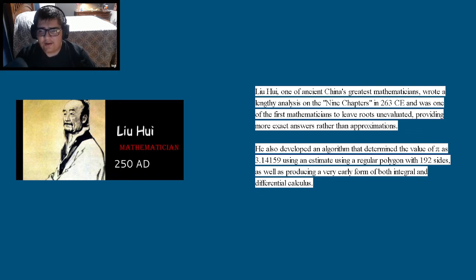He also developed the algorithm that determined the value of pi as 3.14159 using an estimate with a regular polygon with 192 sides, as well as producing a very early form of both integral and differential calculus.